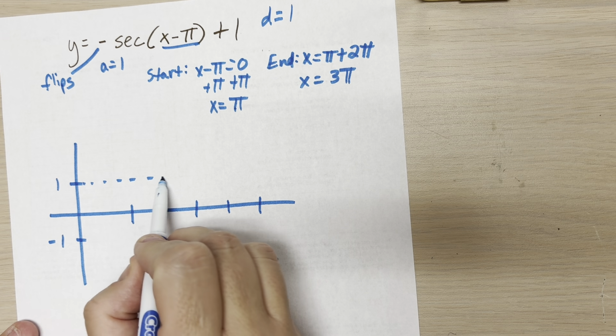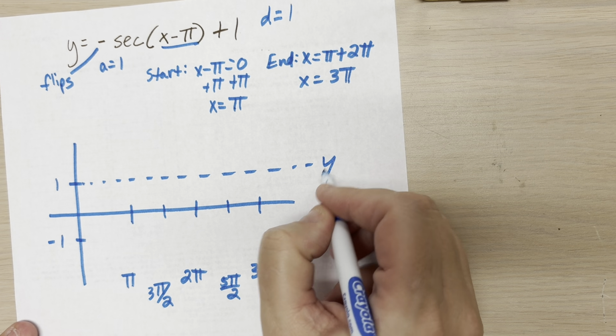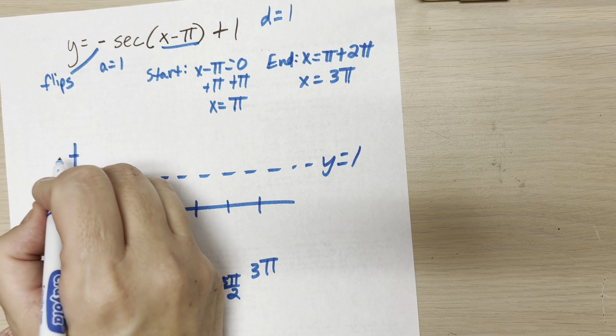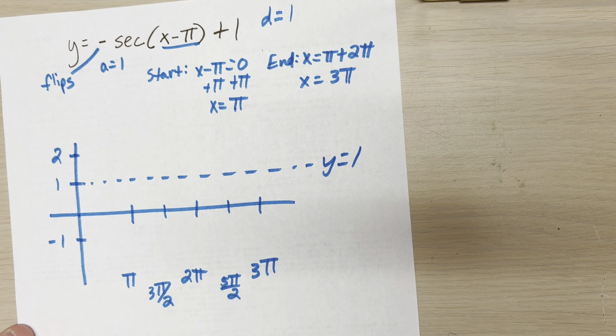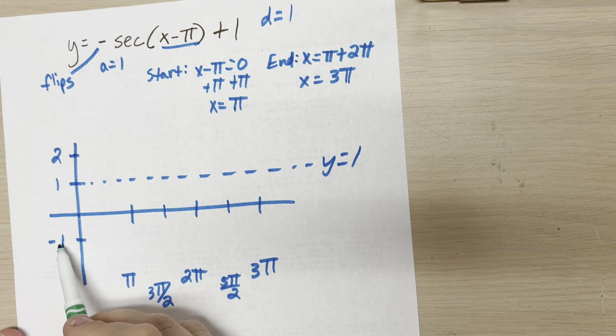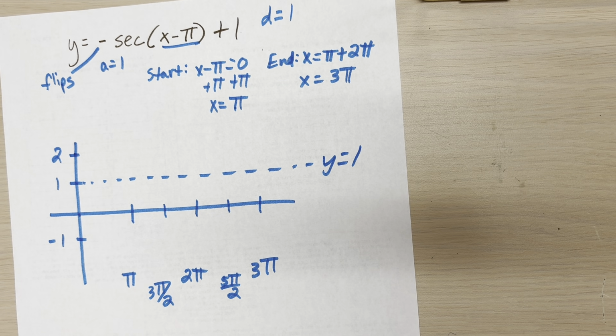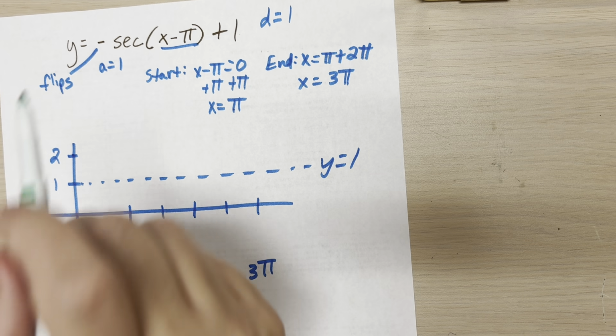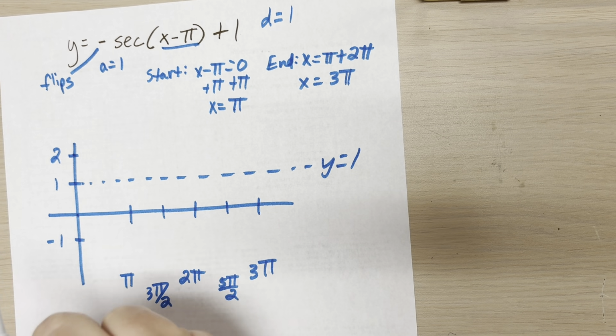All right, so here we are at 1. Y equals 1. The amplitude then, we're going to go up to 2 and then also down to 0. Okay, so we don't really need that -1, but I'm using marker and I can't erase it, so it's there now. Okay, cosine normally starts high, but look, we've got a negative.